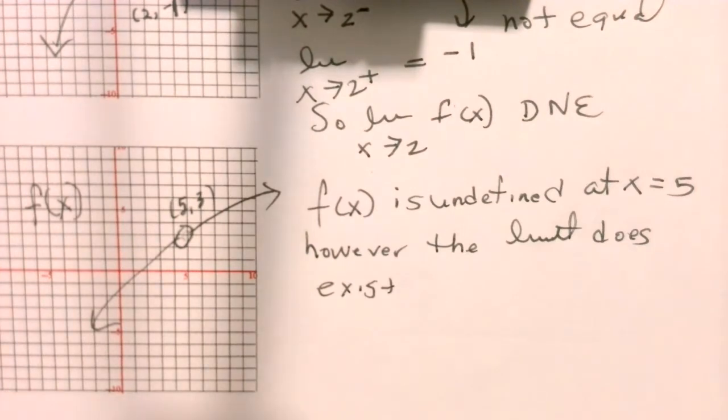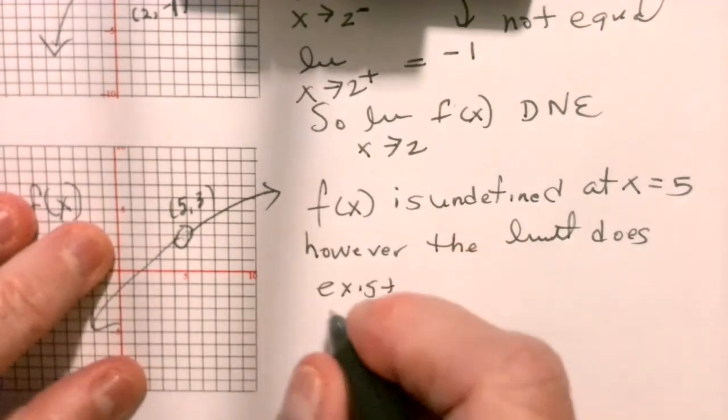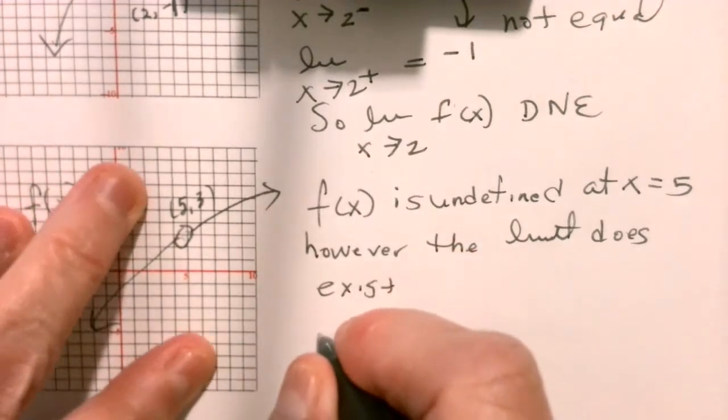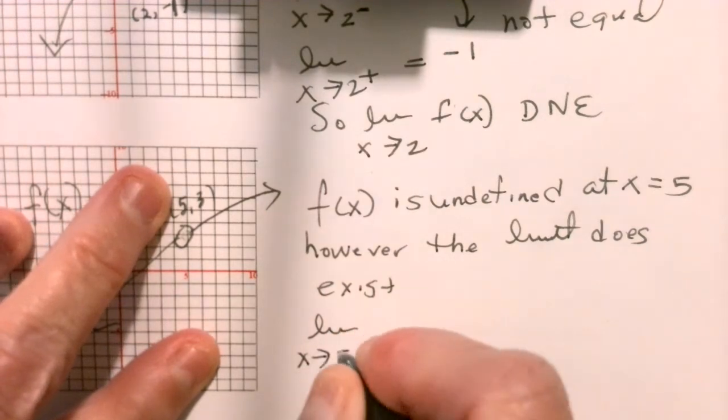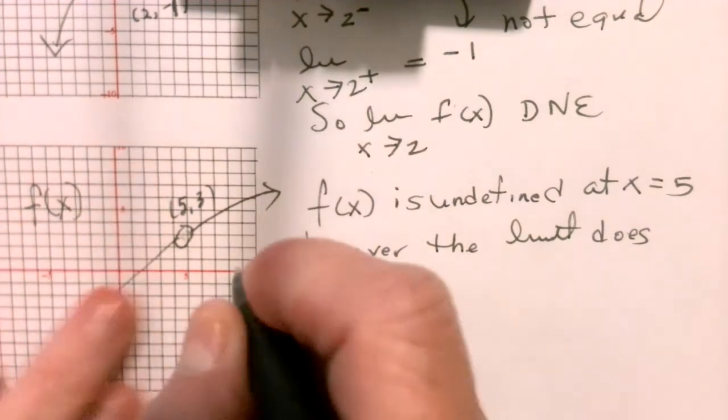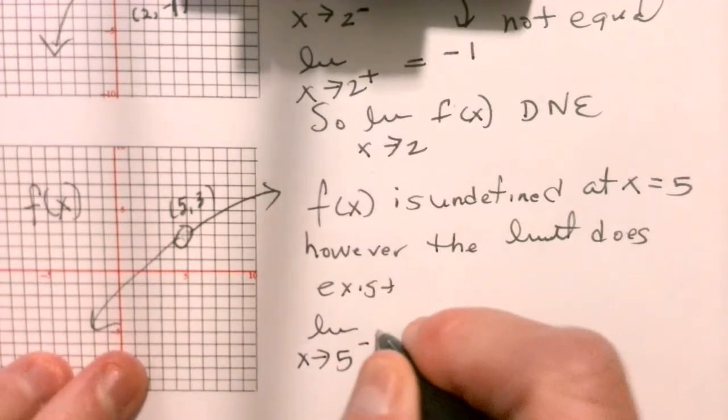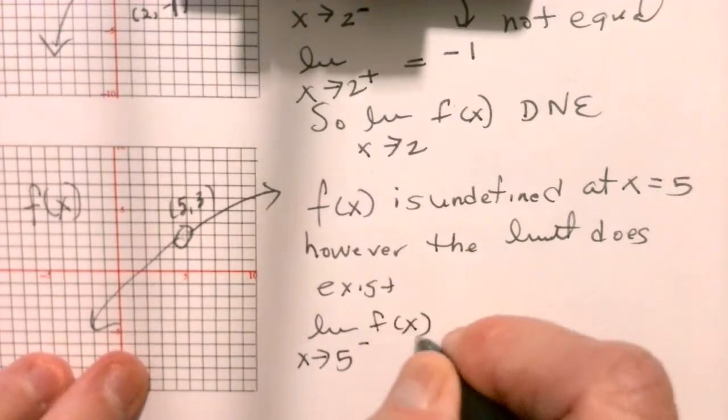Okay, so what is that limit? The limit as x approaches 5 from the left, well, it's coming into that point right there. And so the y value is 3.